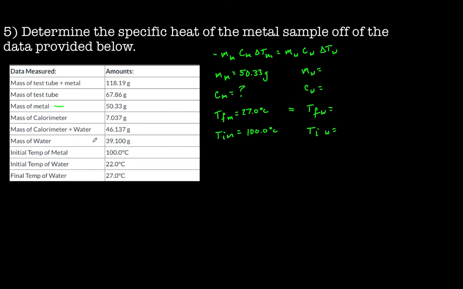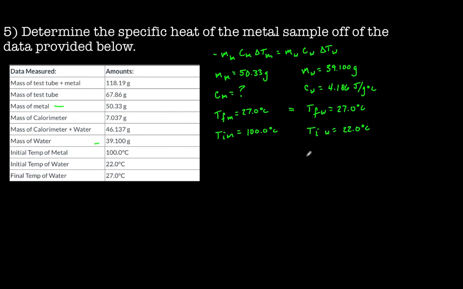Mass of water, 39.100 grams. C of water is always my given, 4.186 joules per gram degrees Celsius. Temperature final of water is 27.0 degrees Celsius, and temperature initial of water is 22.0.